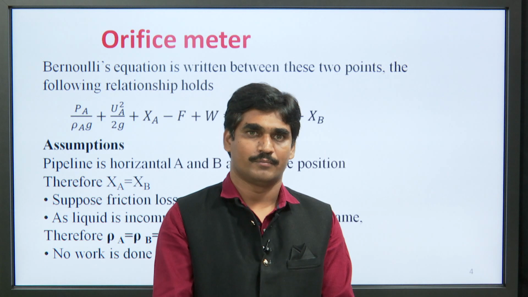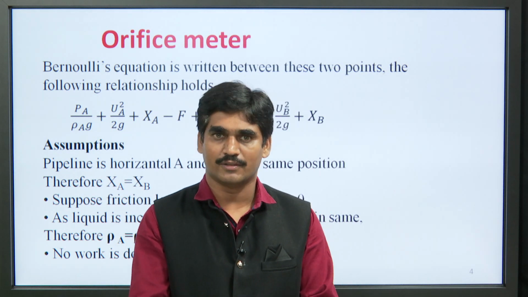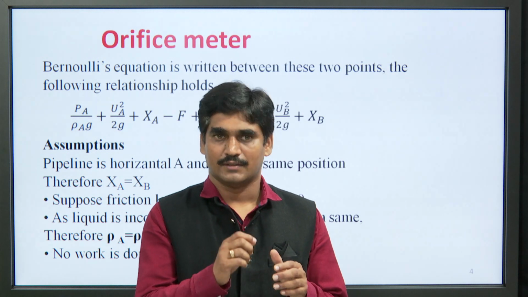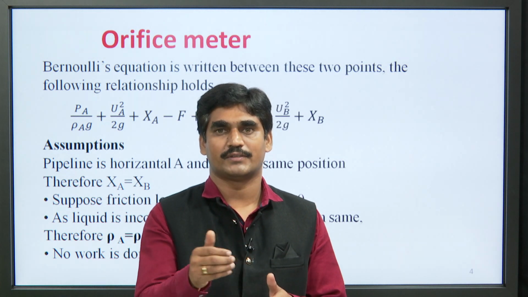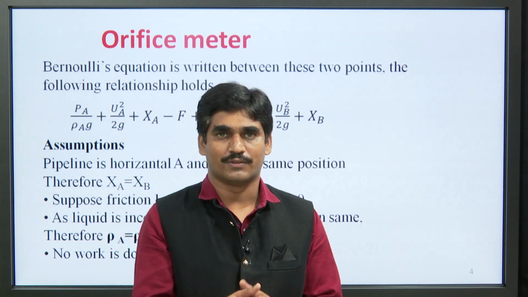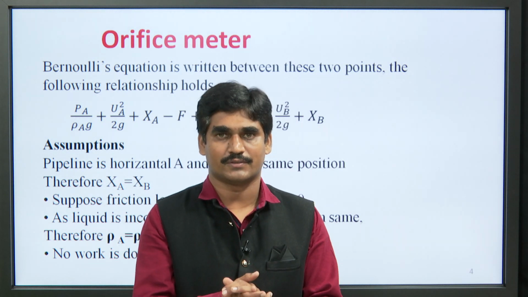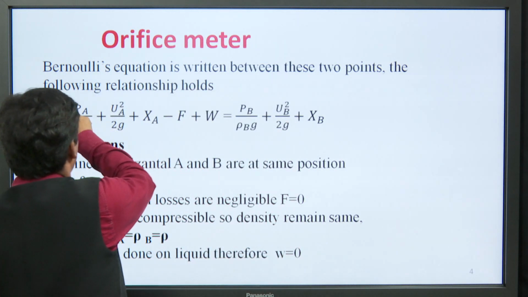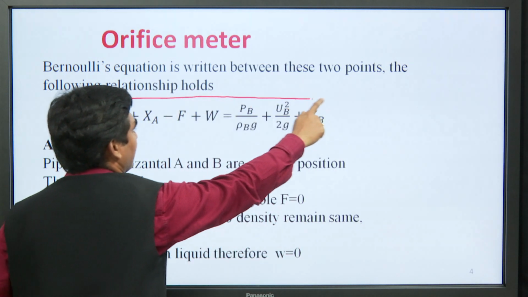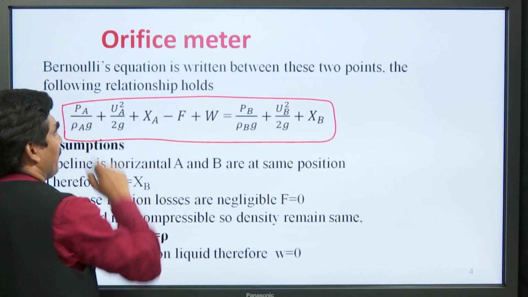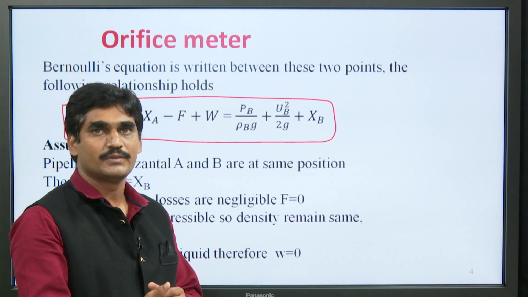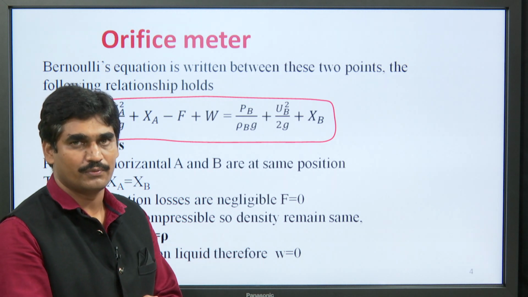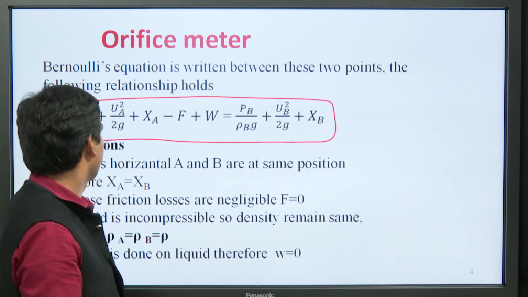Bernoulli's theorem. Bernoulli's theorem, what is Bernoulli's theorem? As it is explained in the previous lecture, that when the law of principle of conservation of energy is applied to the flow of fluids, then the resultant equation is called as Bernoulli's theorem. So, this is the equation of Bernoulli's theorem, which we are going to use to derive an equation for the measurement of rate of flow of fluids through orifice meter.